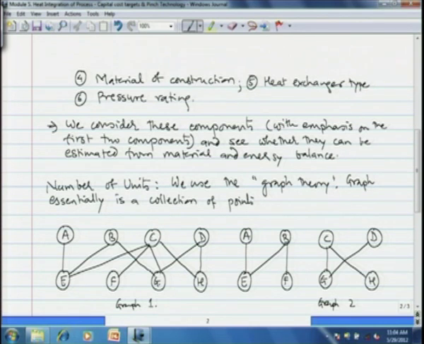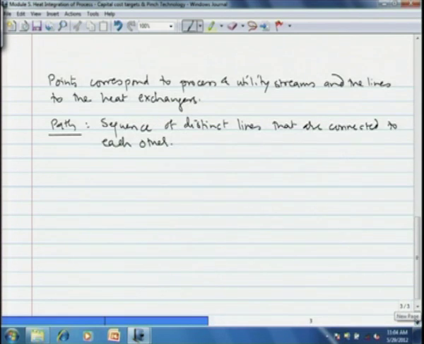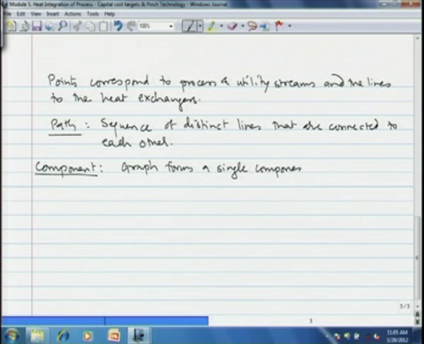Okay. The graph forms a single component if any two points are joined by a path.